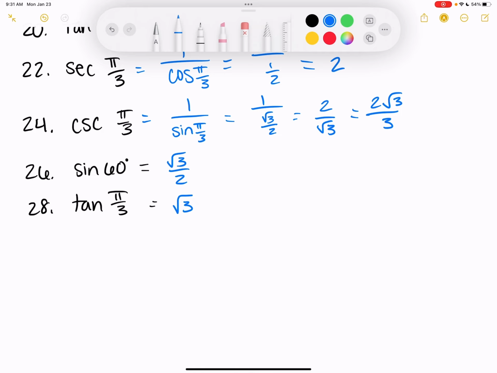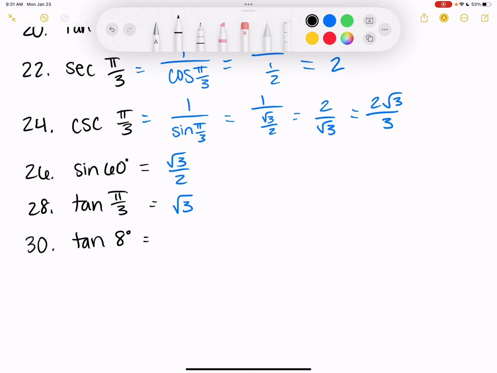All right, the next ones are using a calculator. Number 30, we have the tangent of 8 degrees.